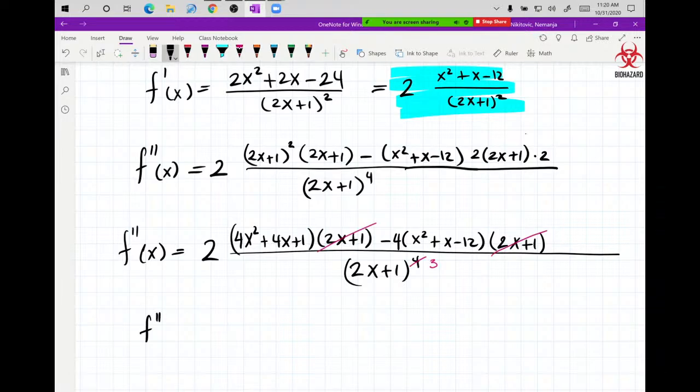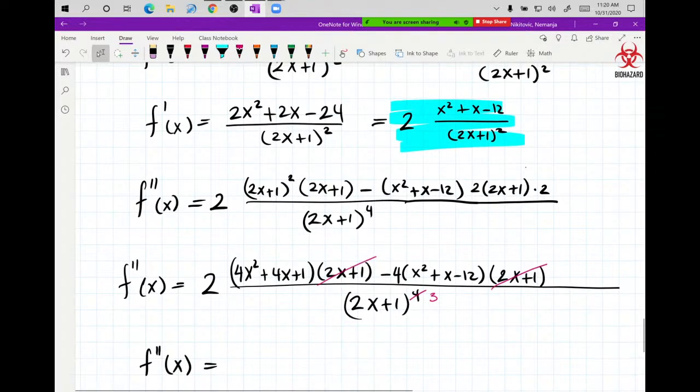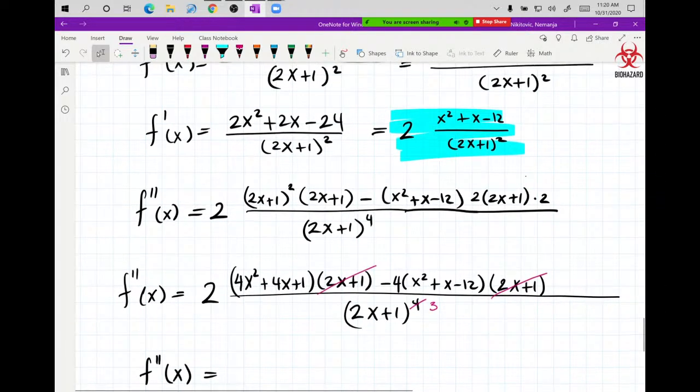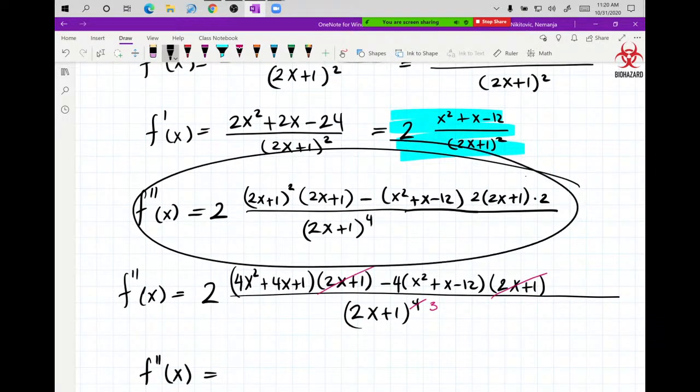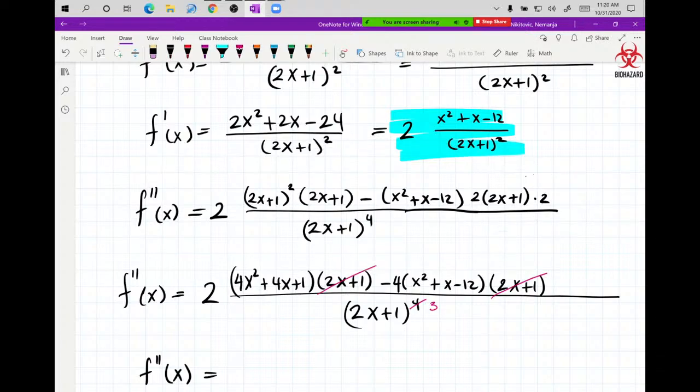So, second. Professor, wait, Professor. Yes. In the first, the (2x plus 1) squared, couldn't you just not FOIL it and you could have canceled that as well? Are you talking here? Yeah, in the numerator, the (2x plus 1) squared. I don't have enough of them because I only have one on the second one.